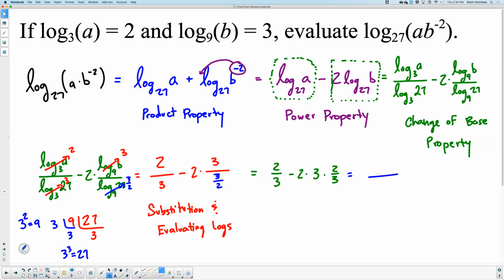It all has a denominator of 3, so it becomes 2 minus, what's 2 times 3? 6 times 2? 12. And that equals, after all that work, we're finally at our answer: -10 divided by 3. Purely a coincidence that the last problem was 10/3 and this is -10/3, but that's how you do those problems.